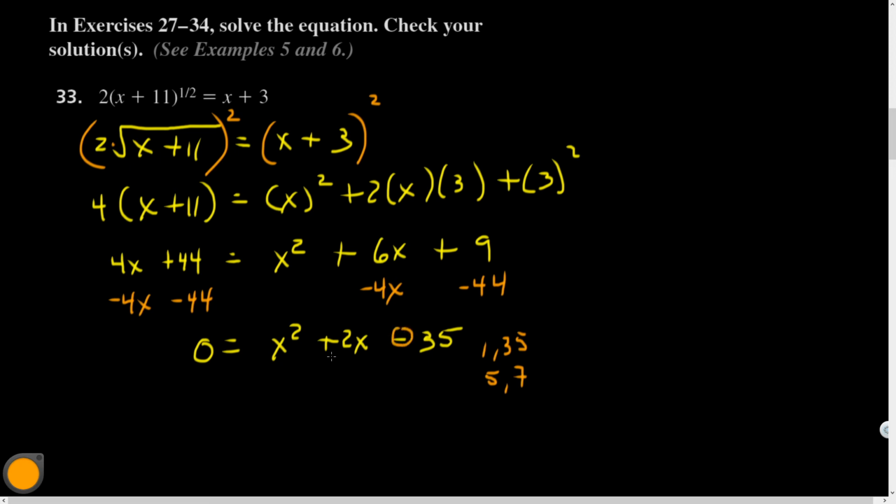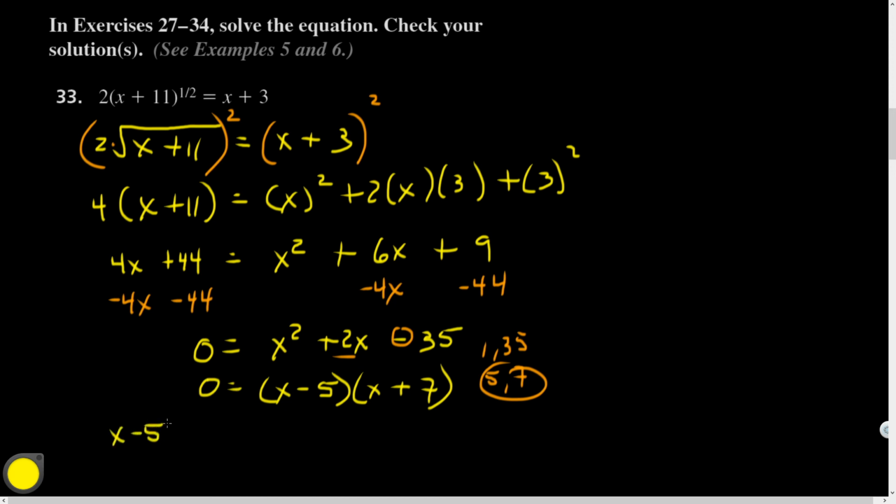Do any of these subtract to be 2? So I'm going to have an x with a 5, x with a 7. They multiply to be negative and add to be positive, so their signs are different. And the bigger of the two has to have the positive sign, because positive 7 minus 5 would give me a positive 2.